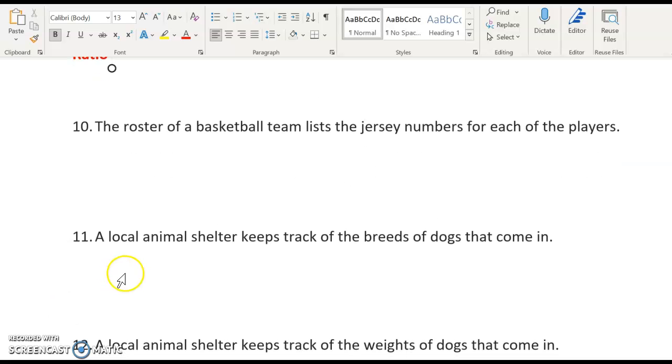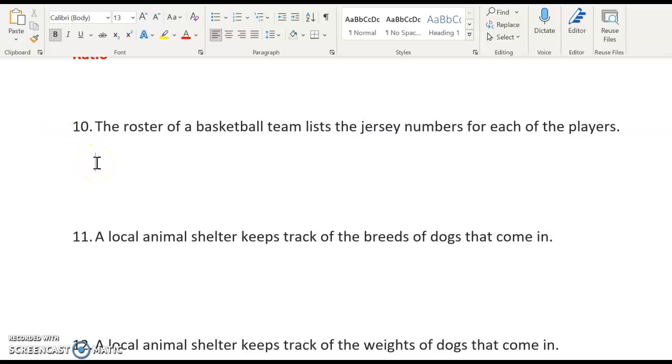The roster of a basketball team lists the jersey numbers for each of the players. All right, and we kind of talked about this one before, about the numbers. Even though we do have numbers associated with this, the numbers are just an alternate form for their names.